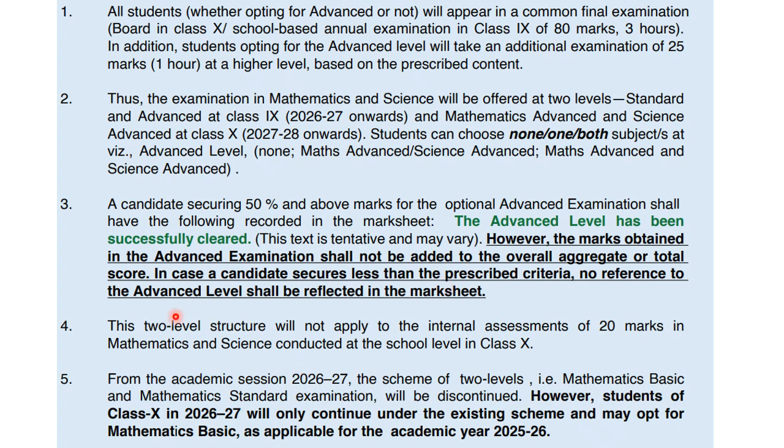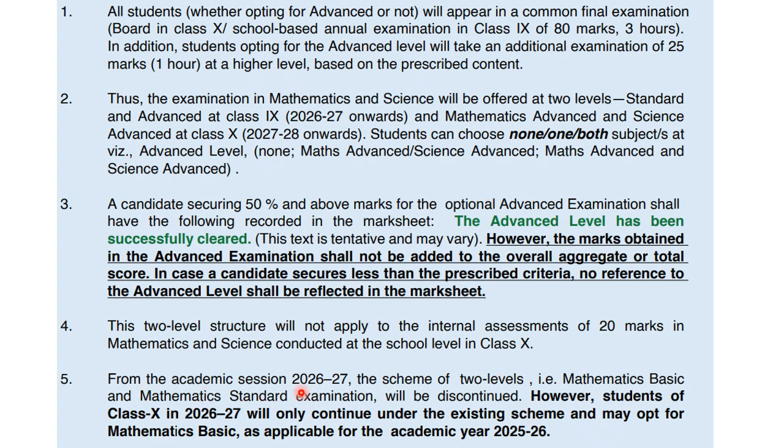Clear? This two-level structure will not apply to the internal assessment of 20 marks in mathematics and science conducted at the school level in class 10. So now you already know in grade 10 for the last few years, basic math and standard math two levels are there. Now it won't be like that. See here the last point.